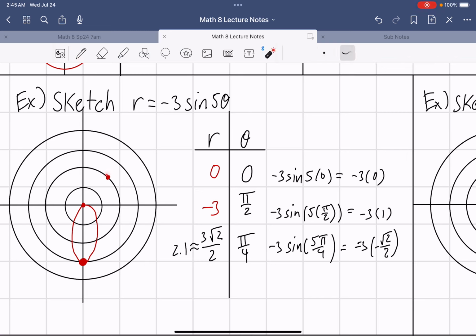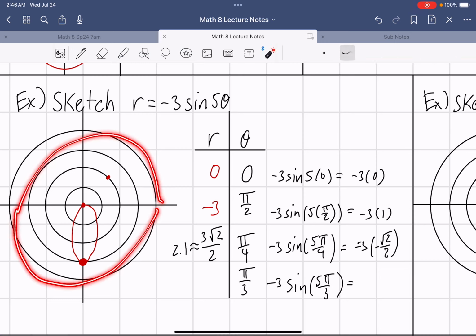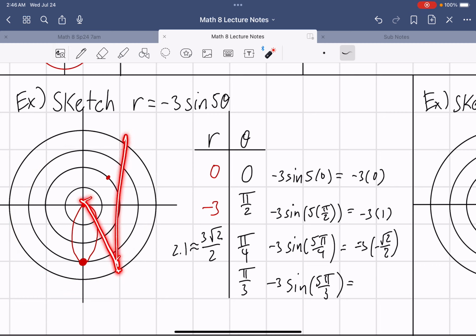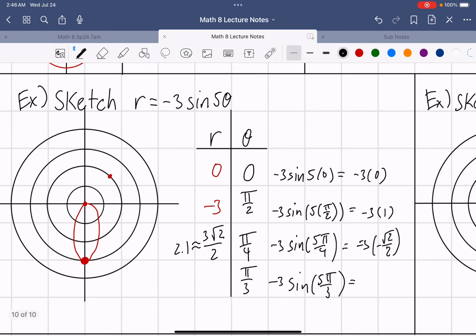And then let's check a little bit further in this direction, which we know is pi over 3. So -3 sine of 5 pi over 3 is equal to, well, 5 pi over 3 is 3, 6, go back 1. And then we're here, which is the same point as up here. That's 1, 2, 3, 1, 2, 3. So the y value is square root of 3 over 2.